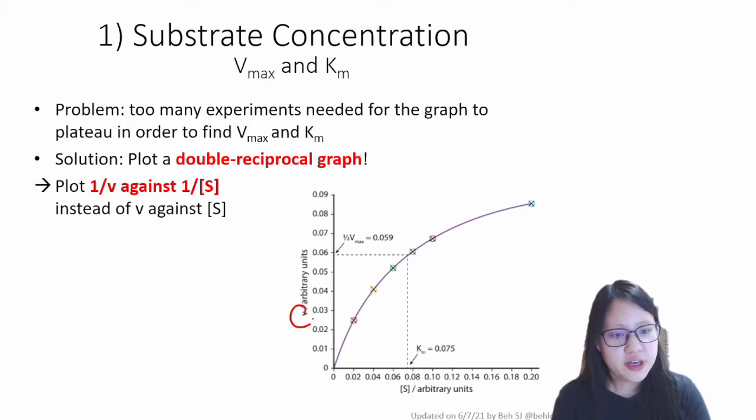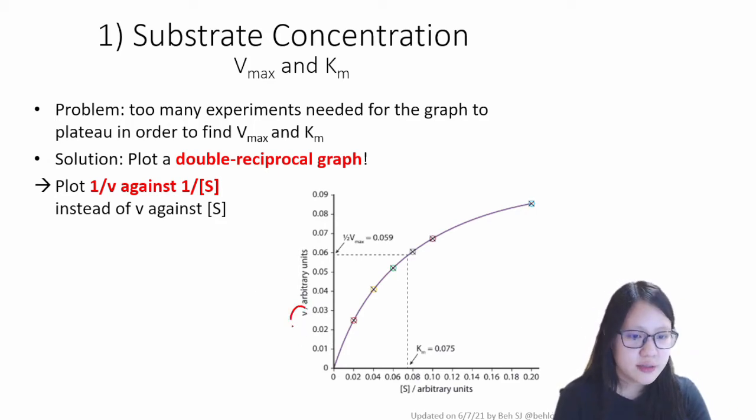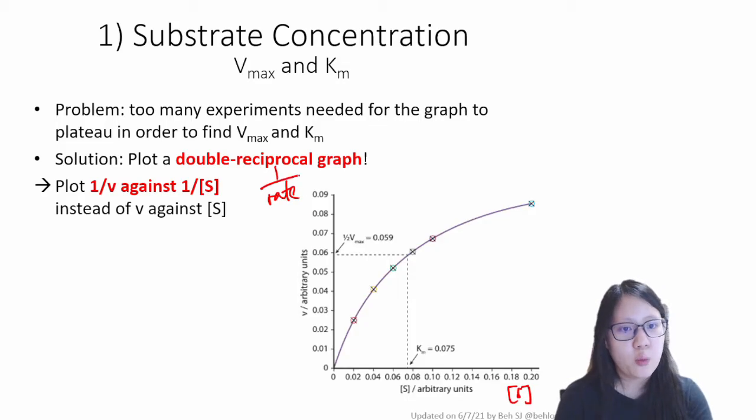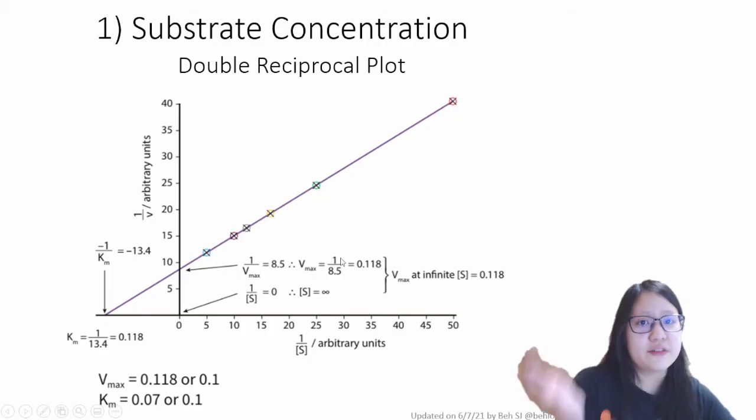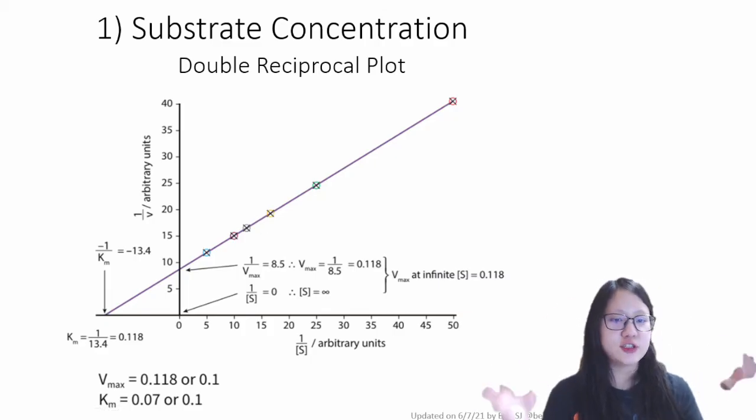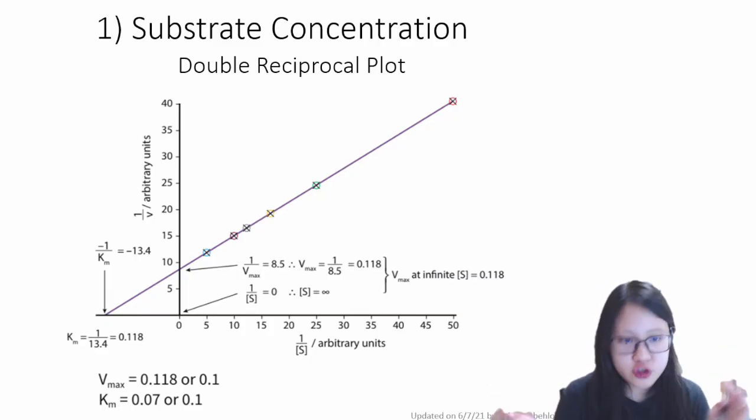V is the rate of reaction actually. So instead of plotting rate over substrate concentration, plot 1 over rate against 1 over substrate concentration. Yeah, and if you do that, this is the graph. So ta-da, you just converted a curve into a straight line.